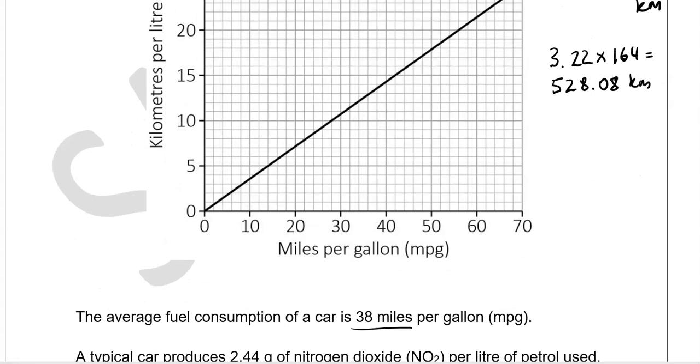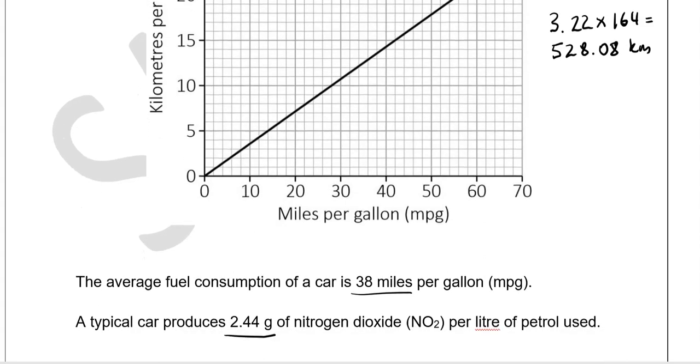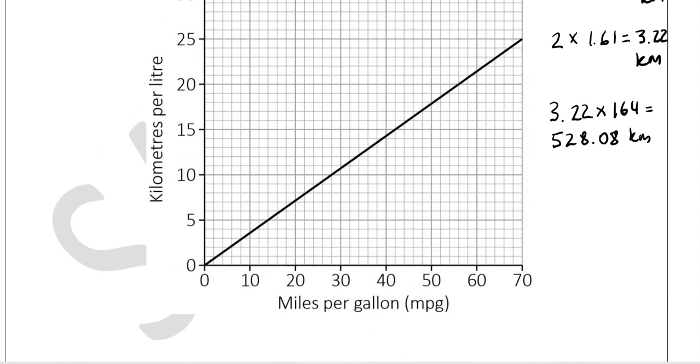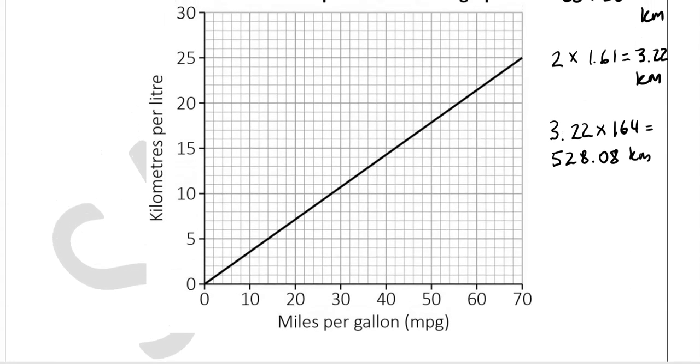Now looking at this, it says the average fuel consumption of a car is 38 miles per gallon. So let's have a look. 38 miles per gallon on the graph.